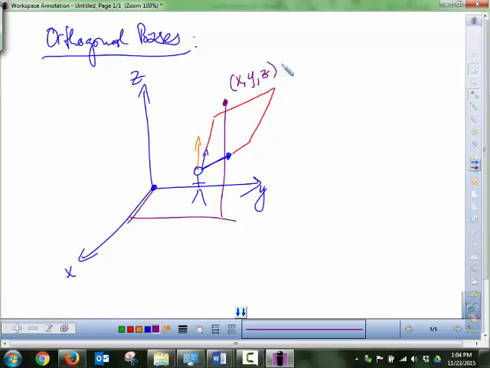So that's a point in space somewhere. But what might be more interesting is, what is this point in space relative to your eyesight in space?